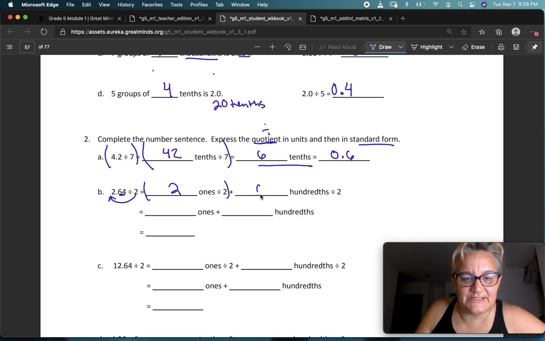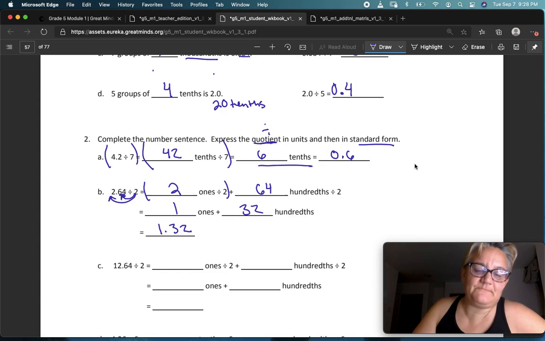They put that all together. 2 ones divided by 2 would equal 1 one. And 64 hundredths divided by 2 would equal, well, 6 divided by 2 is 3, and 4 divided by 2 is 2, so 32 hundredths. So our answer is 1 and 32 hundredths.